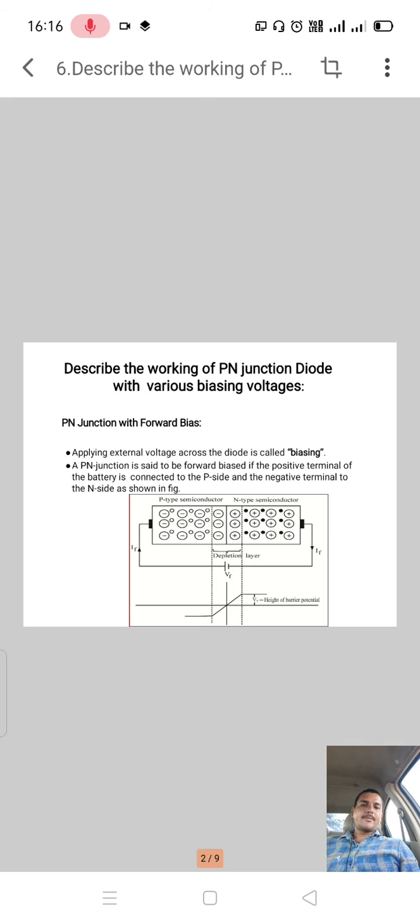Please see this figure. It is connected in forward bias, with the positive terminal of the battery connected to the P side and the negative terminal connected to the N side. So this is the PN junction diode in forward bias connection.